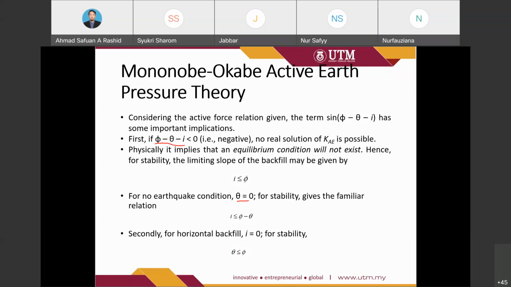So we need to make sure that phi is greater than theta and also I. If phi is less than theta and I, we cannot use the KAE, and we cannot gain the KAE value because it will provide a negative value.